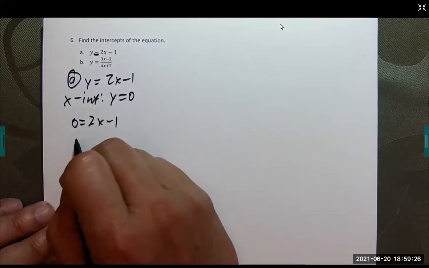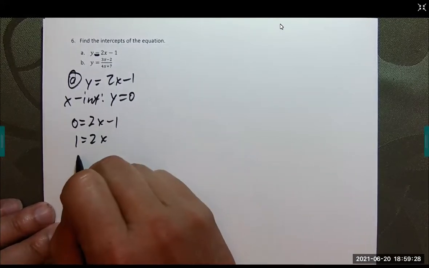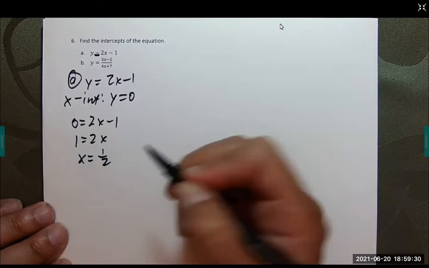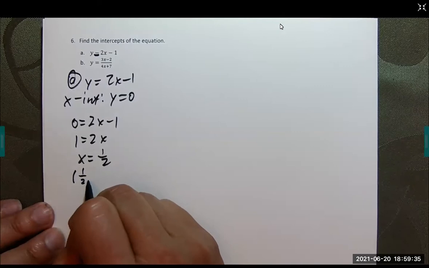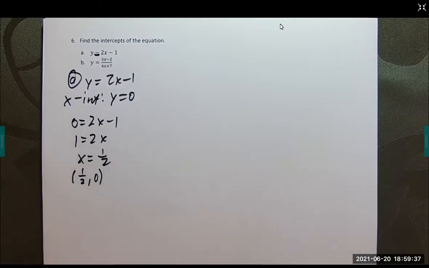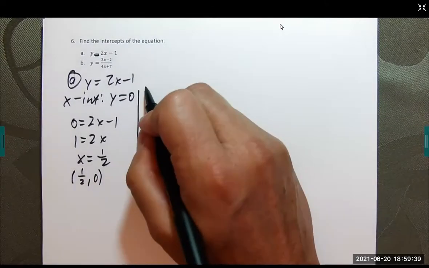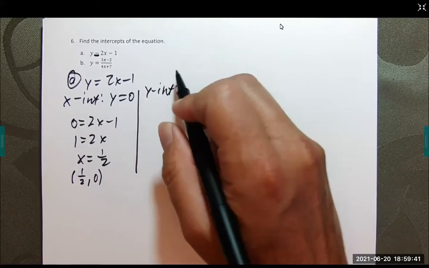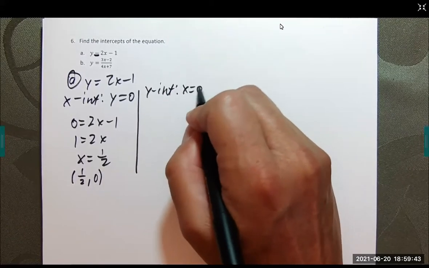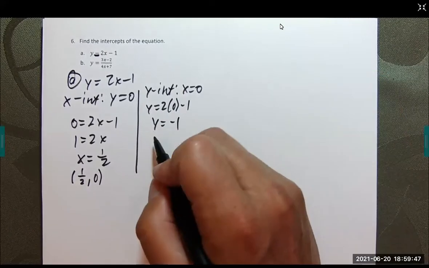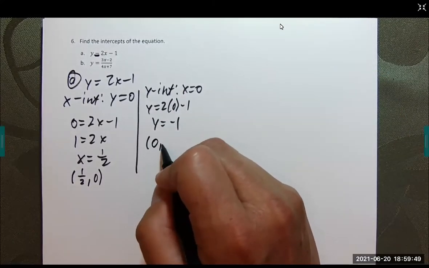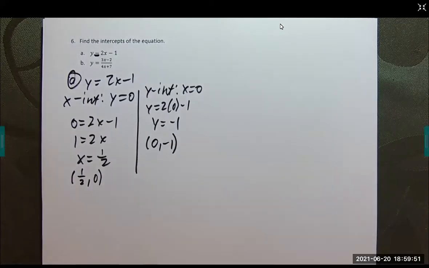Add 1 to the other side, so we get 1 equals 2x, divide by 2, x equals 1/2. So the point 1/2, 0 is the x-intercept. The y-intercept is when x equals 0. So the point 0, -1 is the y-intercept.